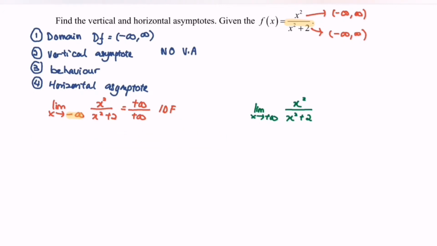So in this case, the denominator is x squared plus 2 and the highest power would be x squared. So limit when x approaching negative infinity, factor out the x squared over x squared, and we can simplify the situation.